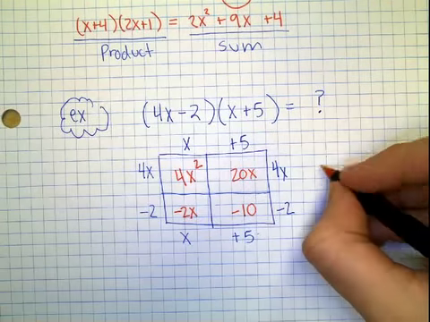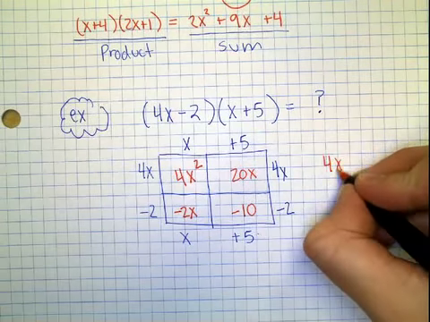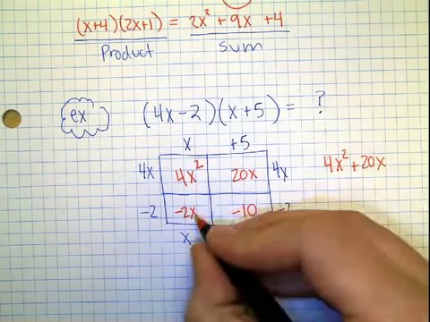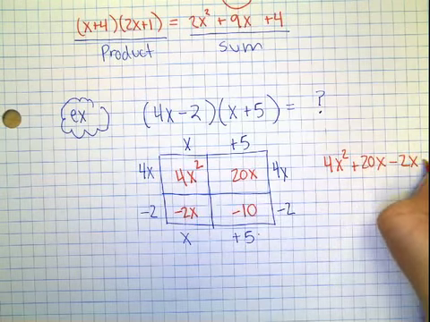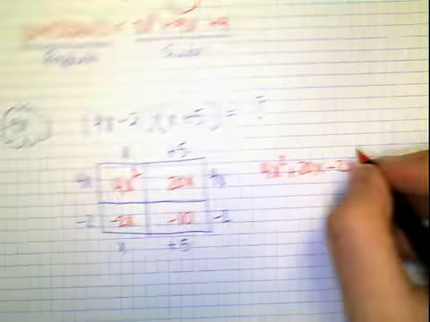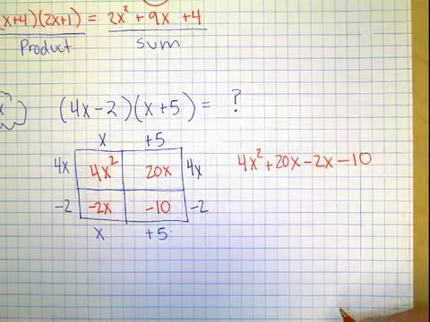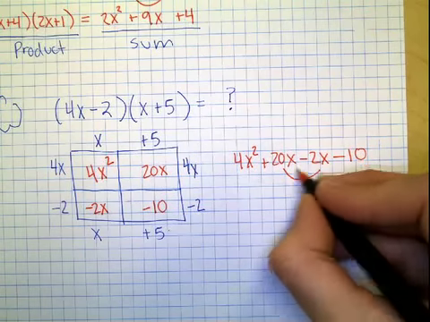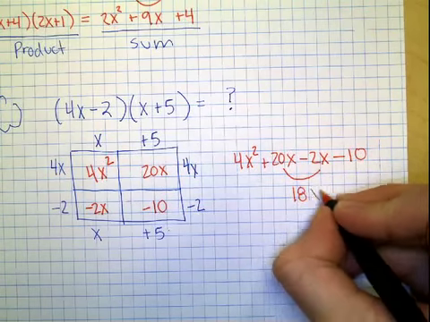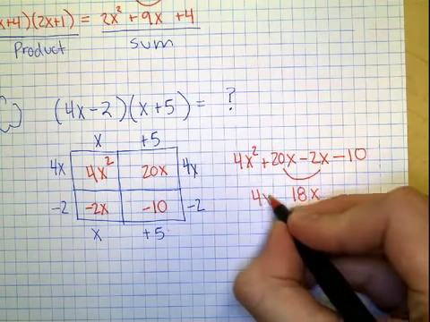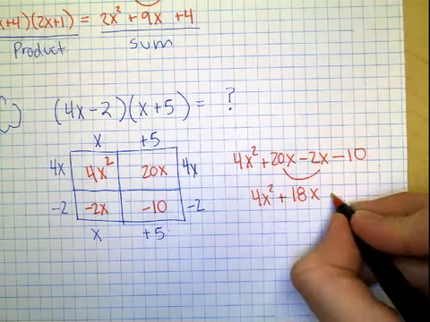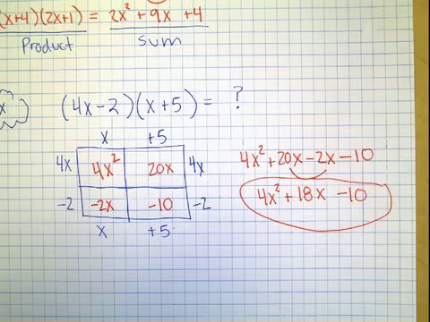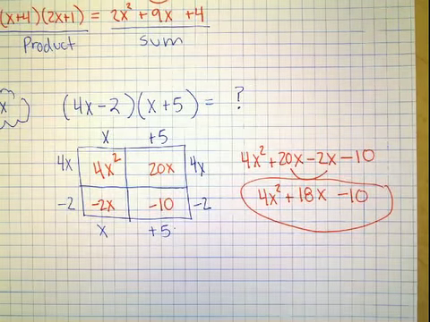So my answer is going to be 4x² + 20x - 2x - 10, which is an okay answer, but I can simplify. 20x minus 2x, these things go together. It's 18x. So my answer is 4x² + 18x - 10. There's my answer. And that's basically how you do the generic rectangle.